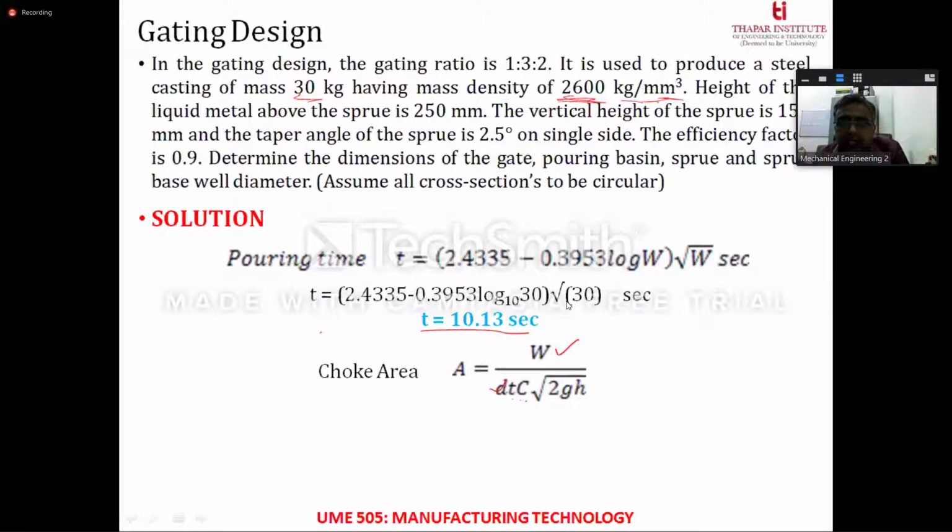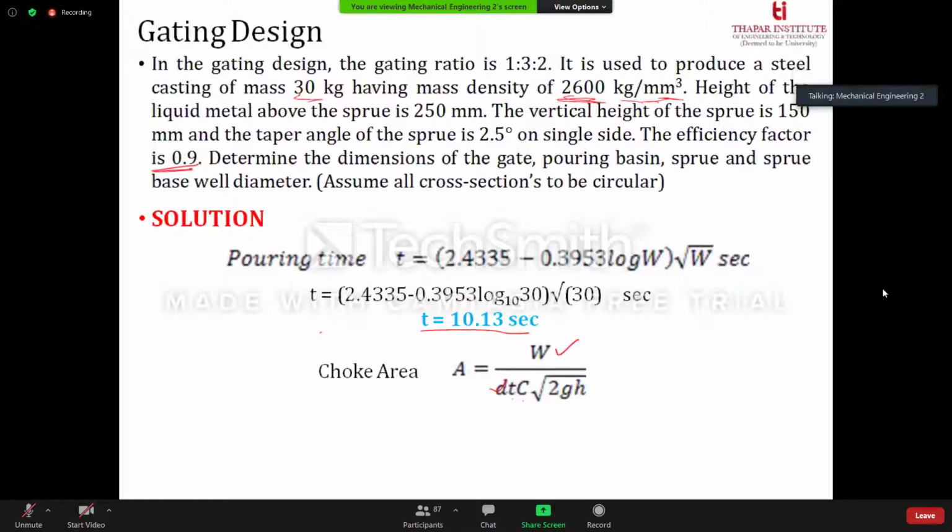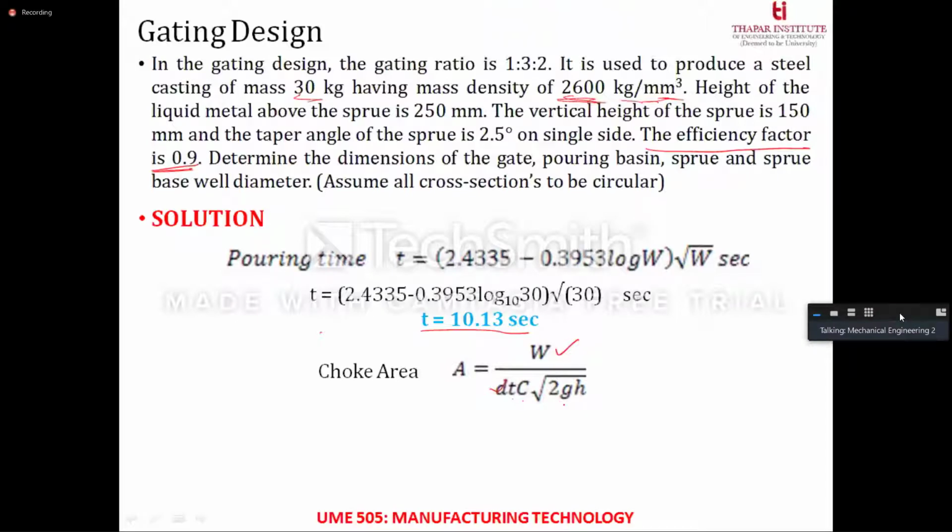C is the efficiency coefficient, which is given as 0.9. G is the acceleration due to gravity, so that value will be taken as 9.81, and H is the height from which the material is going to be dropped above the sprue. That height is given to you as 250 mm.